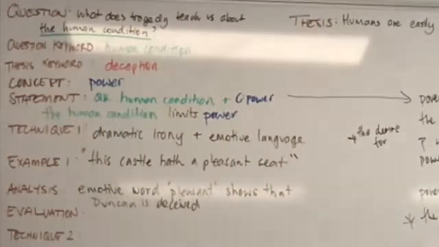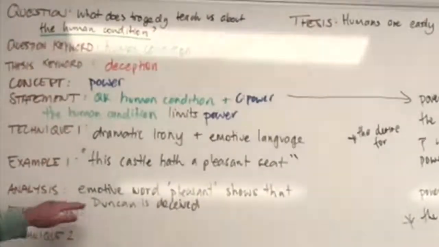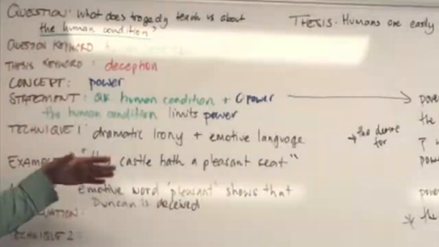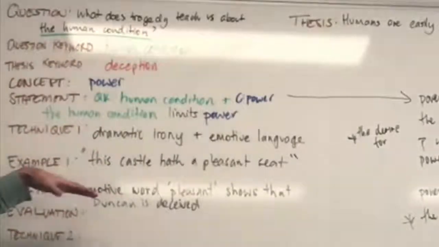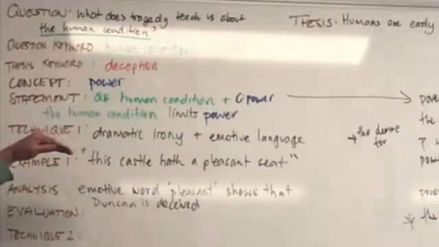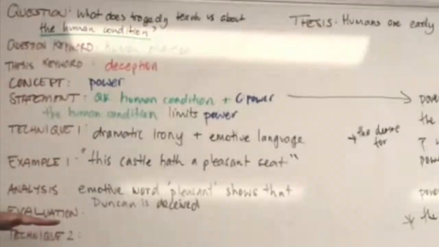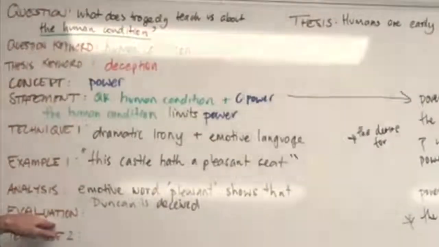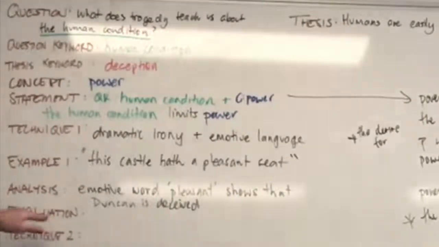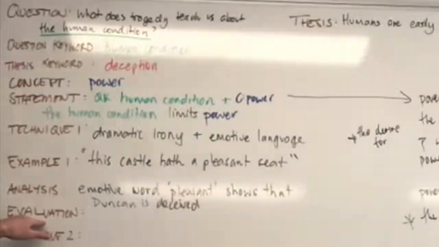Now at this point, I don't have to put the word dramatic irony in there because I know that's what it's all about. I also don't have to worry too much about getting my concepts in there because the concept comes in more in your evaluation. So in my evaluation, I'm thinking about, well, what does Shakespeare try to demonstrate to us in this example?